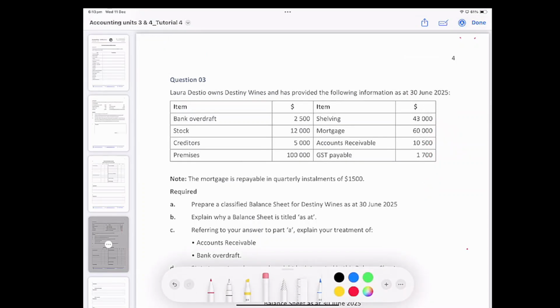Right, first of all, there is one here, stock. Please cross it and replace it with inventory.